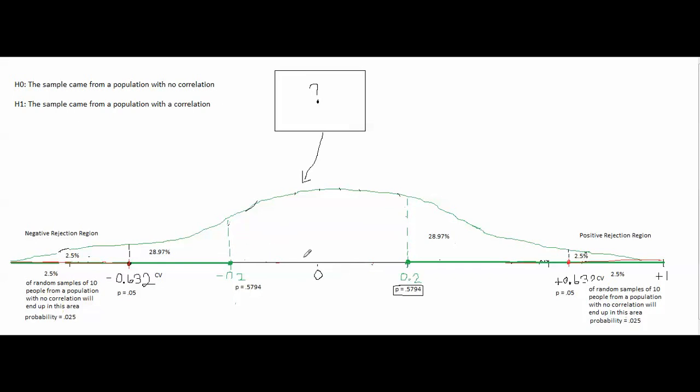If it doesn't fall in one of the two rejection areas, meaning if it doesn't fall in one of these two red areas and it instead lands somewhere closer to 0 in this middle area between the critical values, we would not reject the null hypothesis, and we would continue to assume that the null is true. It's called failing to reject the null hypothesis.